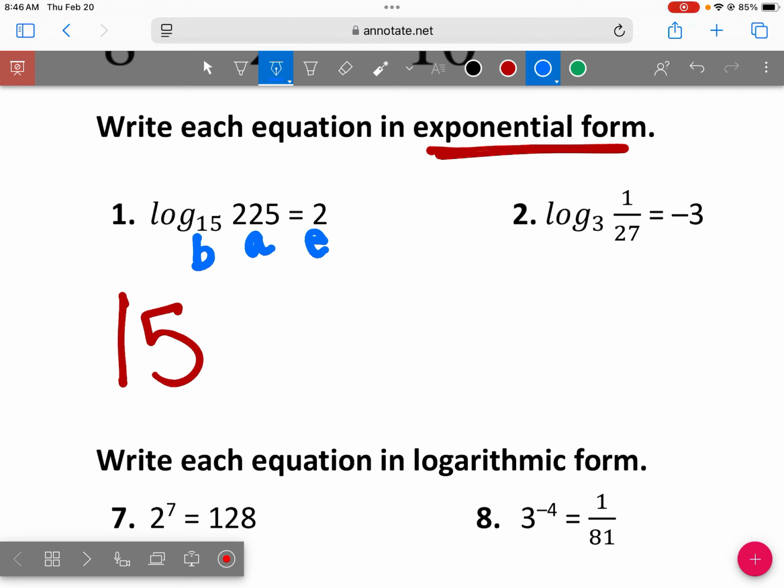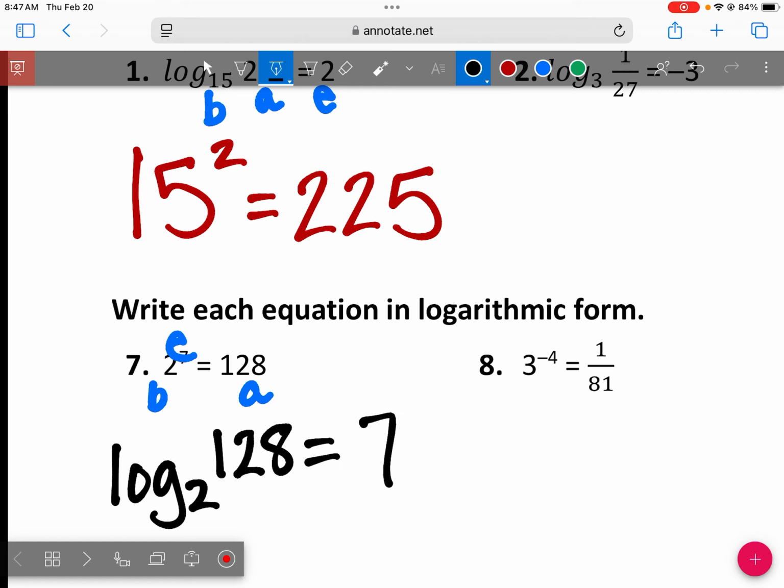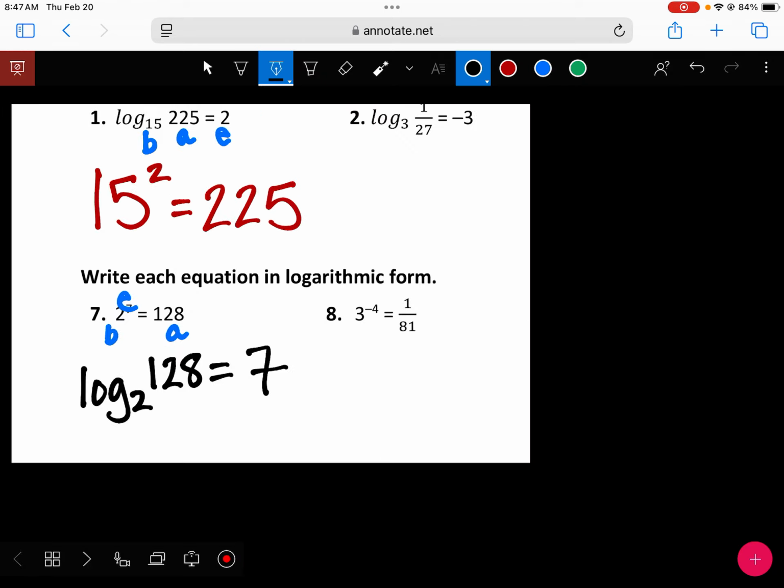Next comes the answer, and it equals the exponent. That's how you do that row. So you can finish that row real quick. For now, we're going to skip this row. We'll talk about that row tomorrow.